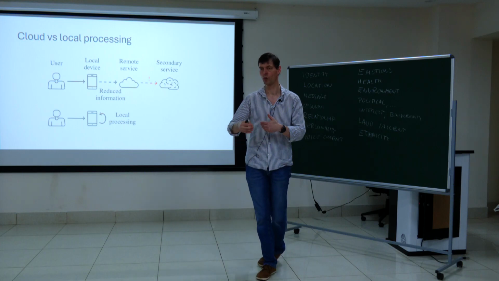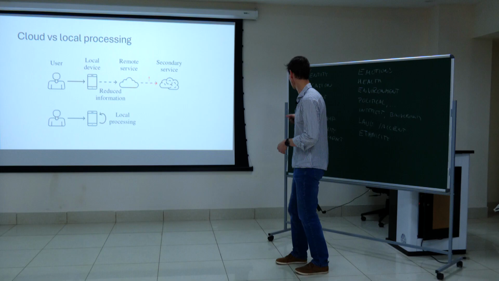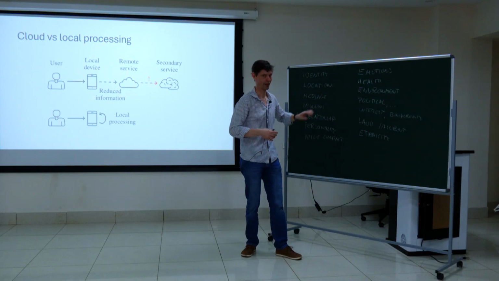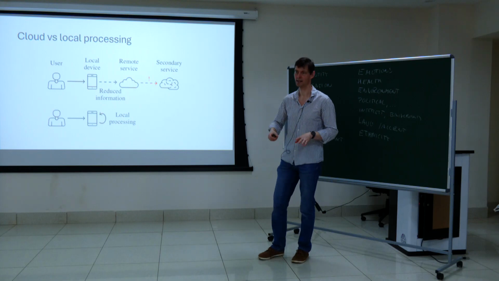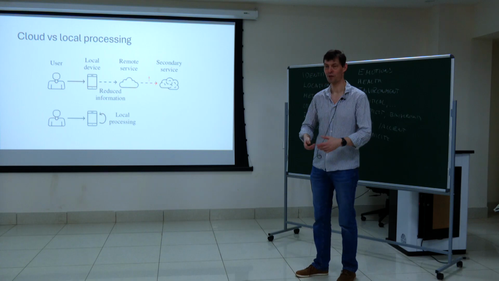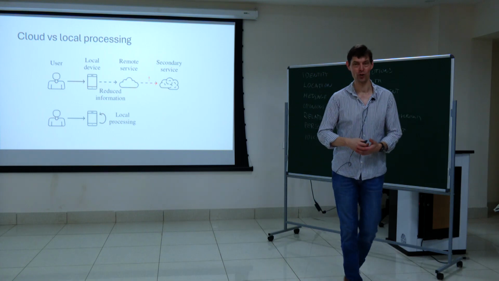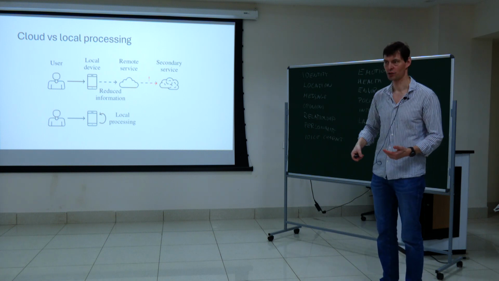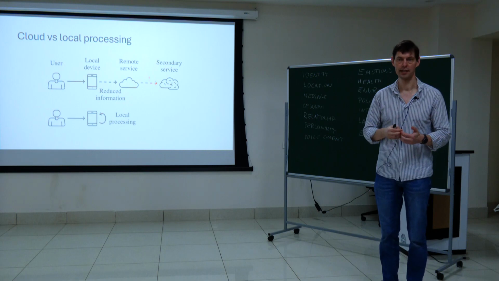We have somehow removed information so that the remote service gets only the message, or mostly, or at least less of these other things, such that the advertiser can't have access to some things. But of course, it still has access to some things. If you want to really be sure that nothing goes to the secondary service, we can do local processing, so that only your phone or the local device has access. That is possible.